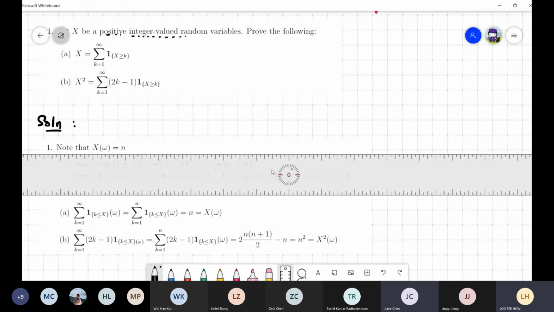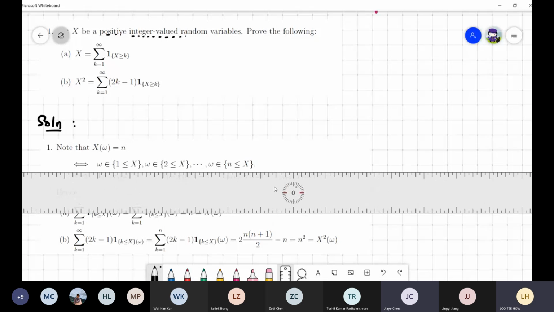Let's take one omega in the domain, and X is equal to n. You can look at a special case, an easy case, let's say this is 4. So X of omega is 4.